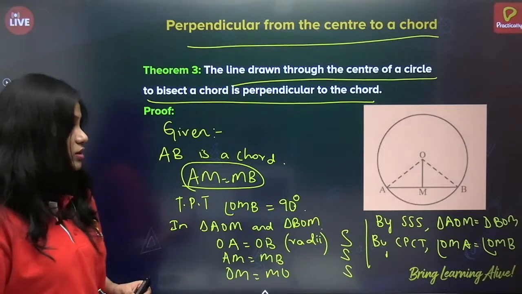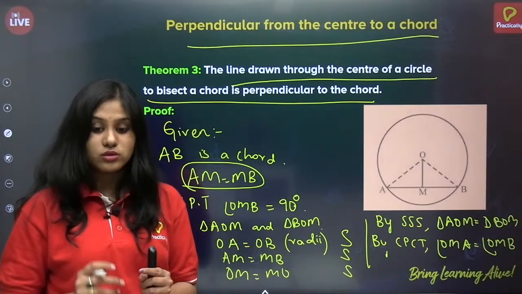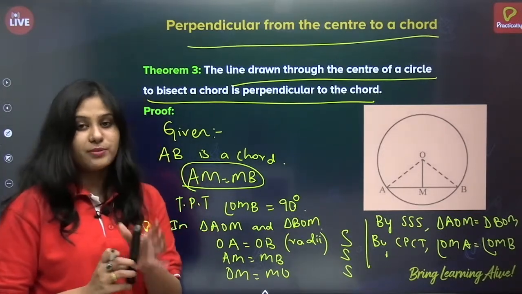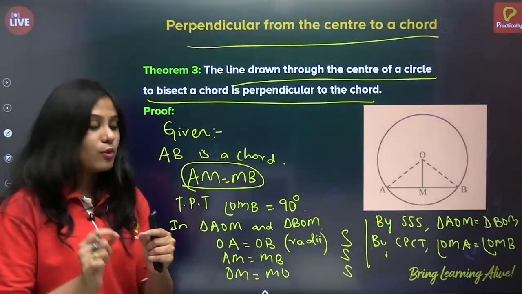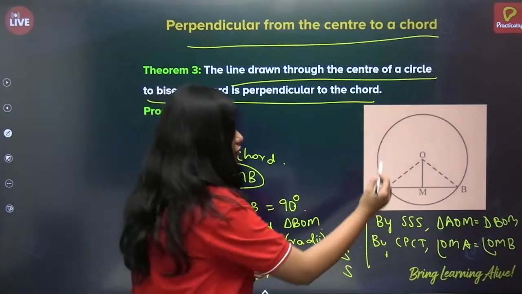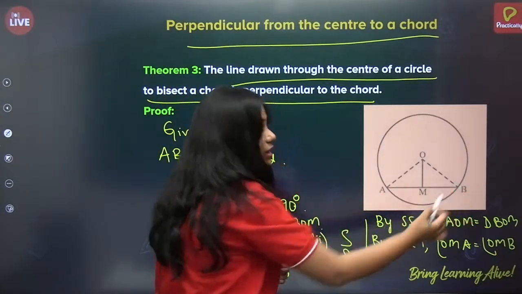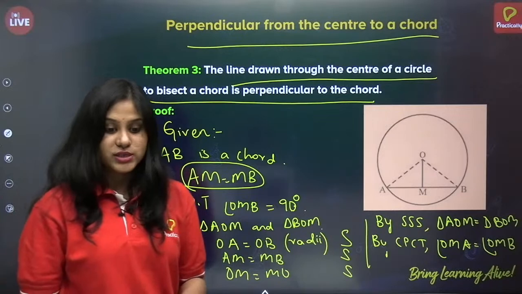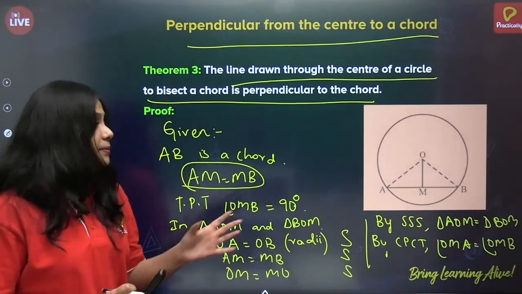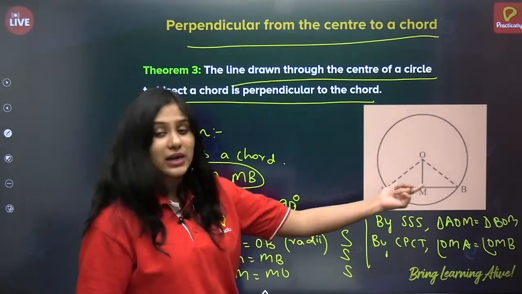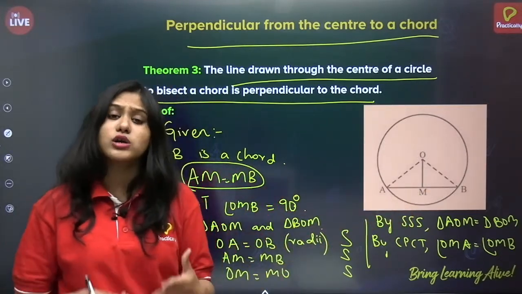I'm repeating the question. What will be the sum of angle OMA plus angle OMB? 180, very good. It is 180 degrees, correct? Because till now we haven't proved that the angle is 90 degrees, so we cannot comment on it.